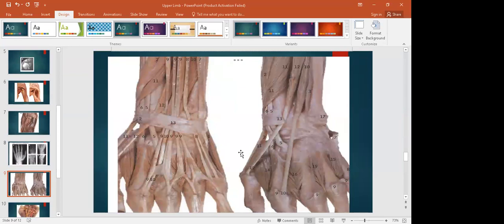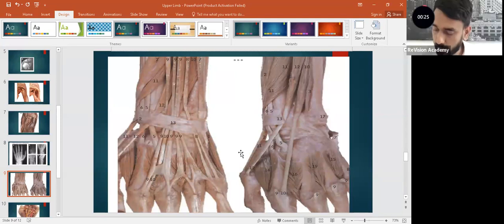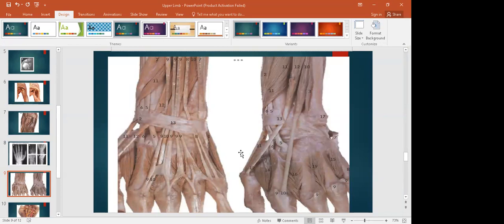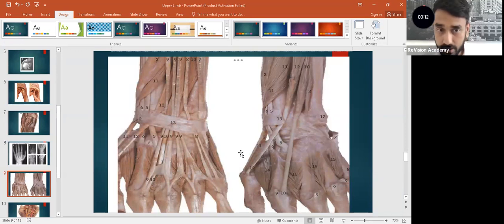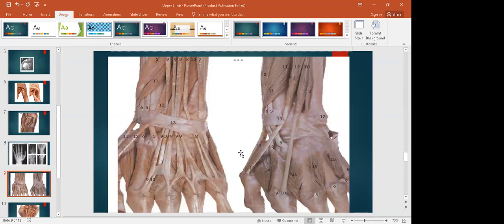Number 11 is extensor pollicis brevis. Number 12 is extensor pollicis longus. So you say number 2 is extensor pollicis longus? No, number 2 is extensor pollicis brevis.